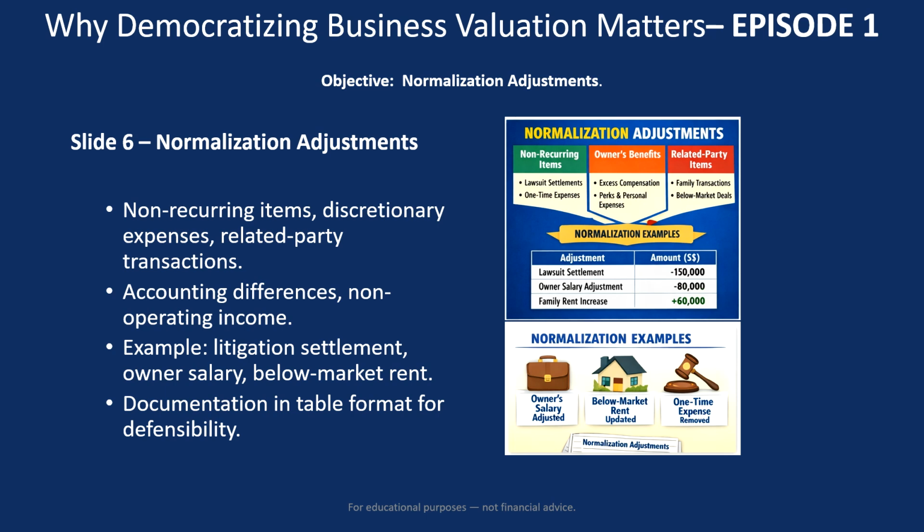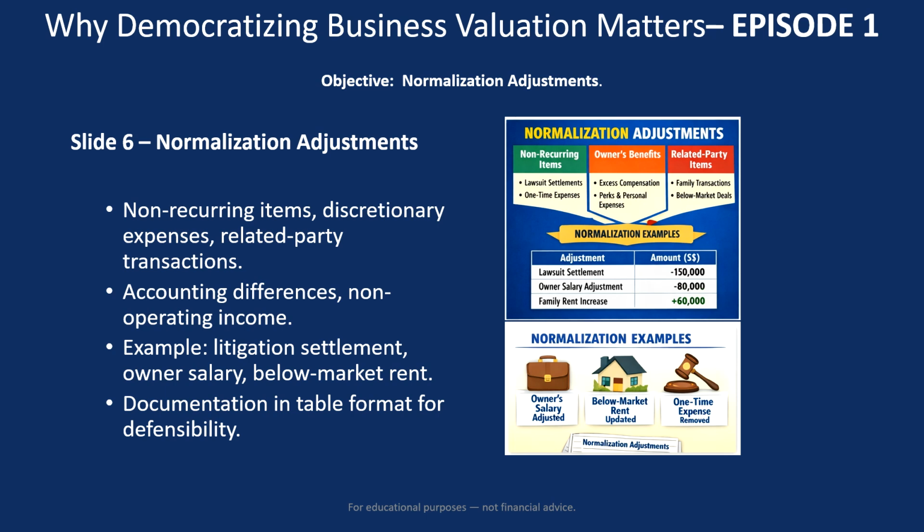Start with non-recurring items. These are one-off events that inflate or deflate earnings but won't repeat, such as a litigation settlement, a fire insurance payout, a COVID government grant. These need to be stripped out. You are valuing a going concern, not last year's exceptions.